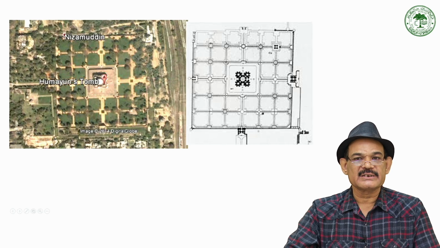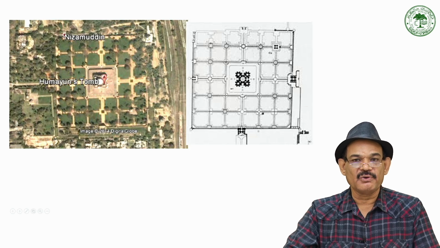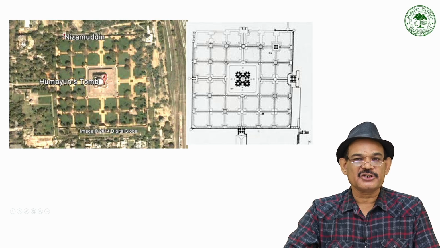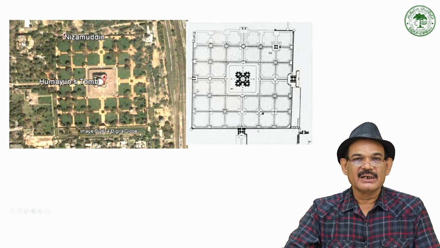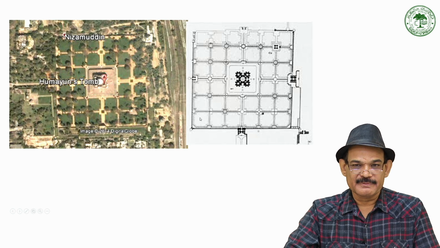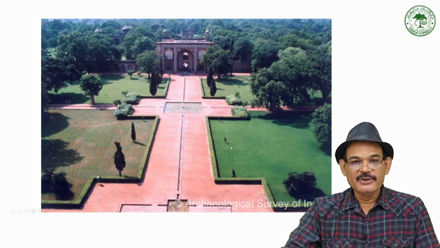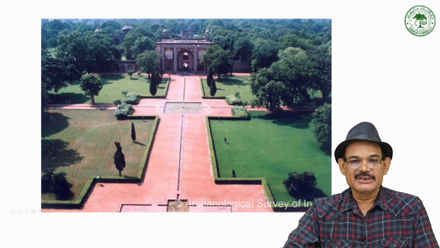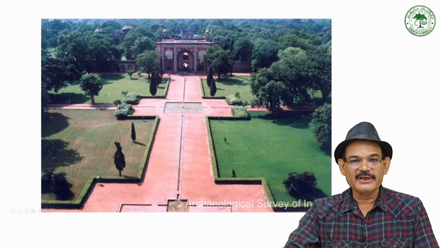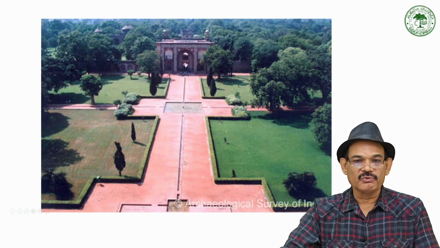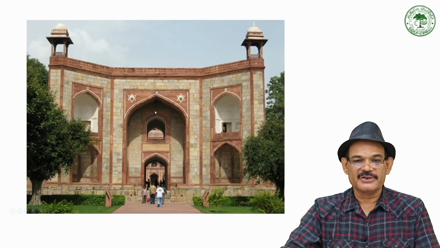Two cardinal points are occupied by the gateways, while the two other cardinal points are occupied by structures symmetrical to the gateway, but these contain a water body. On one side, Humayun's tomb has an entrance gate, and when you enter, you find a walkway with running water channels.